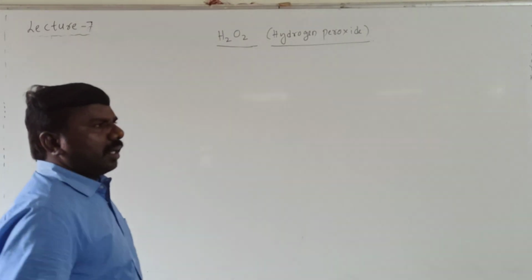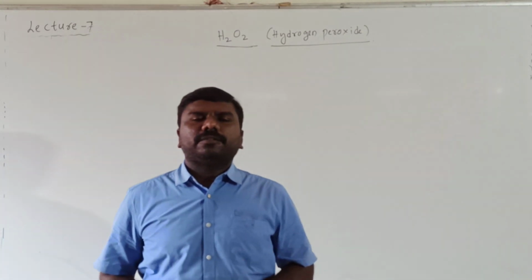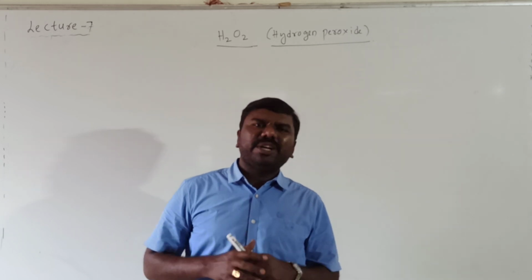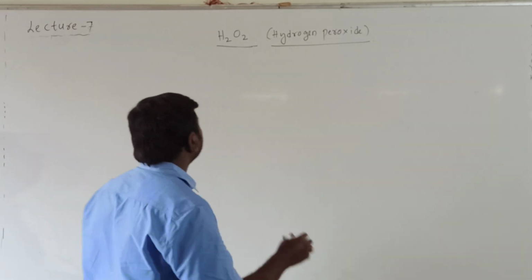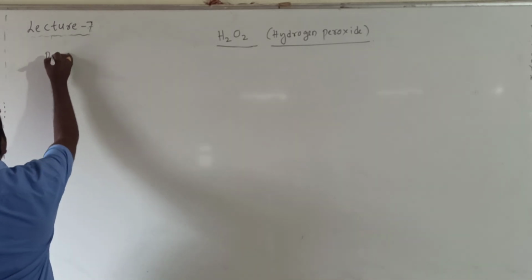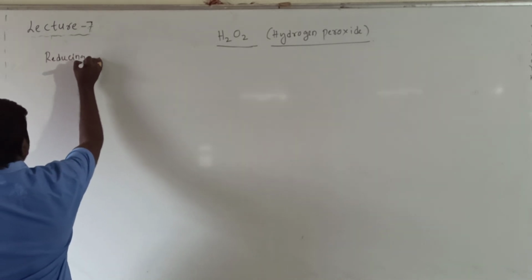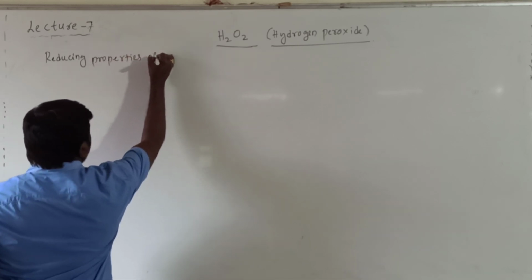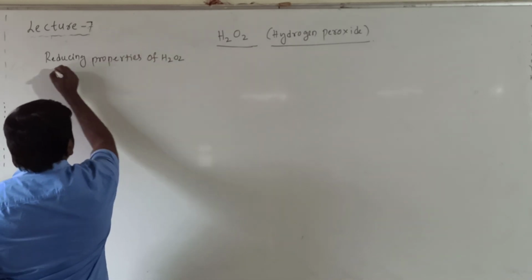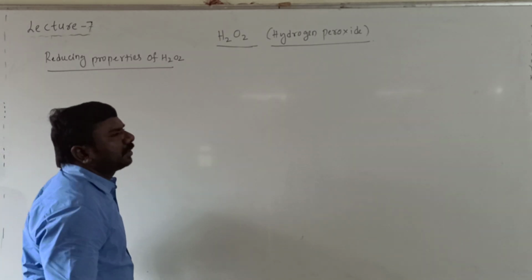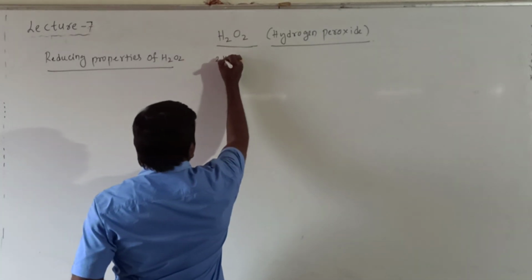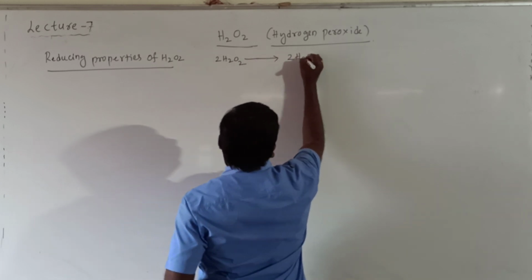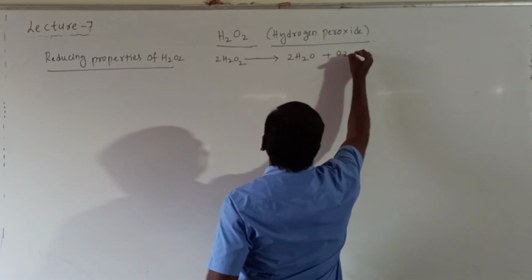Okay students, reducing properties of hydrogen peroxide in acidic medium and basic medium. So H2O2 is converted into 2H2O plus O2.